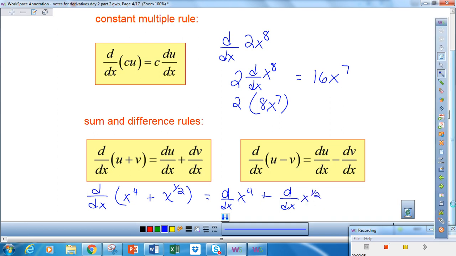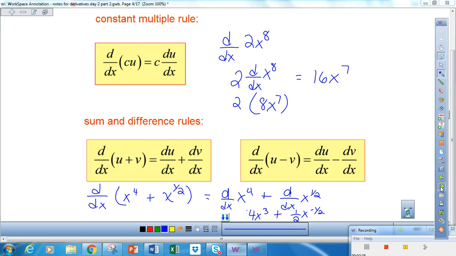And of course, the derivative of x to the 4th would be 4x cubed, and this would be plus 1/2 x to the negative 1/2, which is going to bring us to, I think, our next slide.